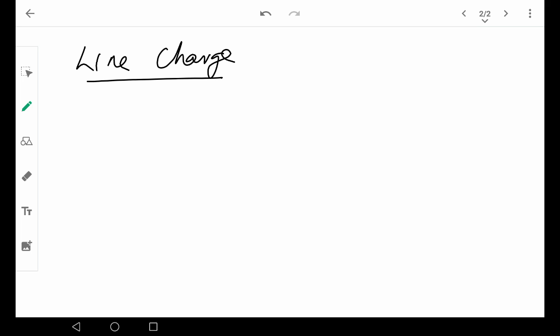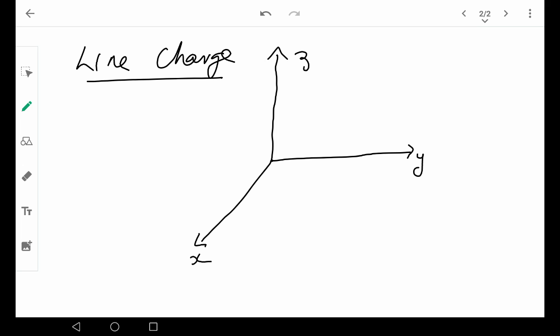So first we will study a line charge. I'll draw a diagram here. This is our y-axis, this is our x-axis, and this is our z-axis.